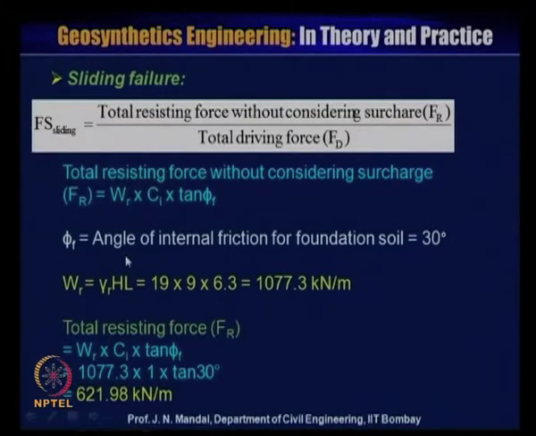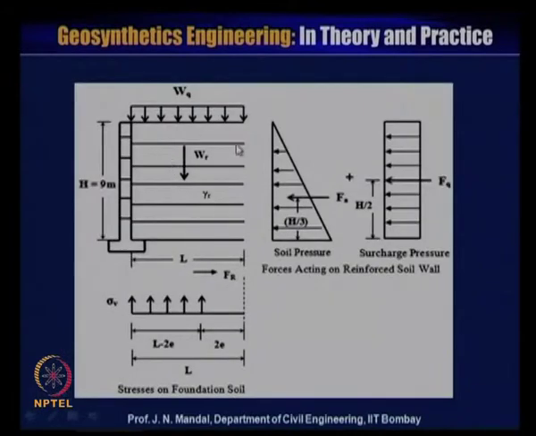Then we have to calculate the weight of the reinforced soil zone. We know the length of the reinforcement, we know the height of the reinforcement, and we know the unit weight of the reinforced soil zone. So weight can be determined by the unit weight of the soil in the reinforced zone into length into height.